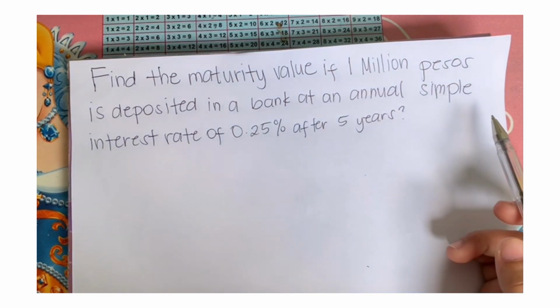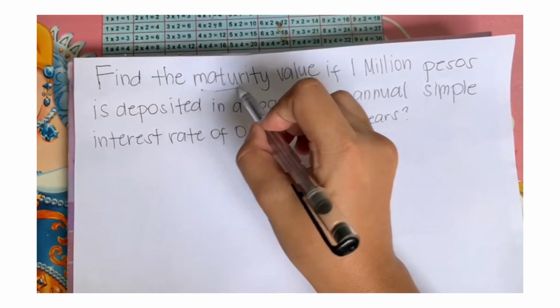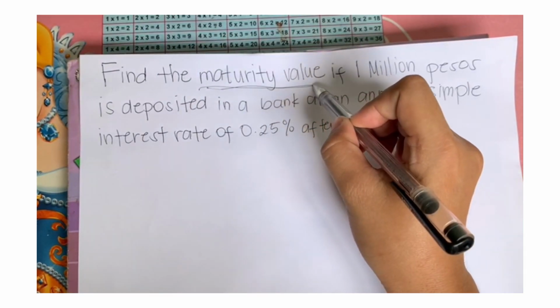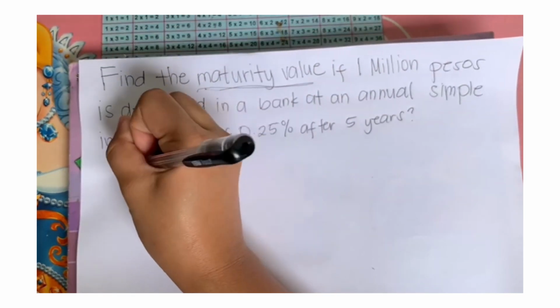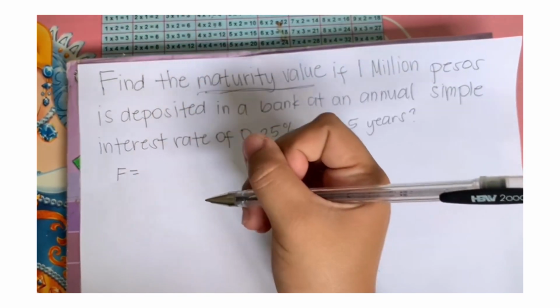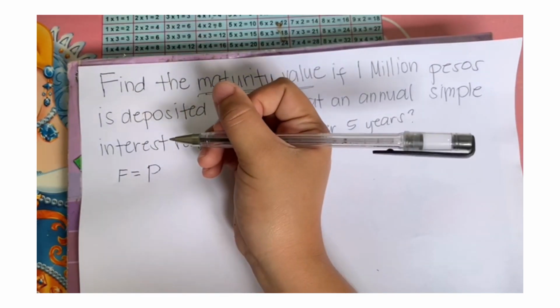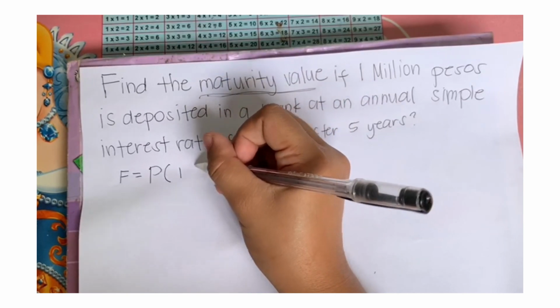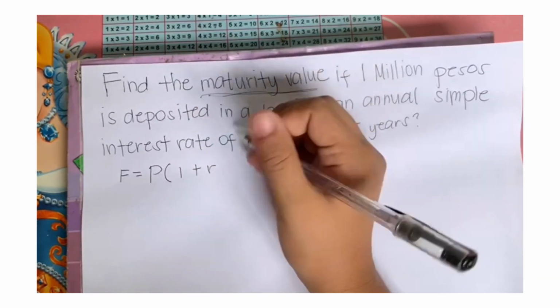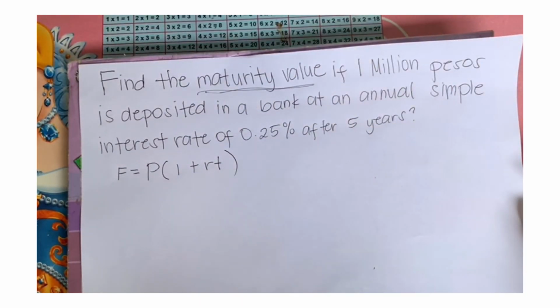So, what we are looking for here is the maturity value. The formula to find that is F, or the maturity value, equals P, which is the principal, multiplied by 1 plus R, which is rate, and T, which is time.